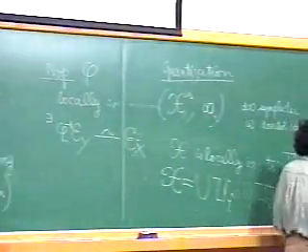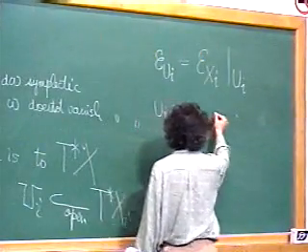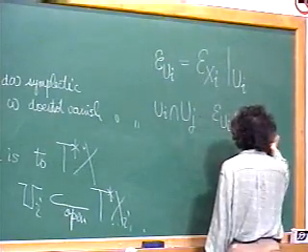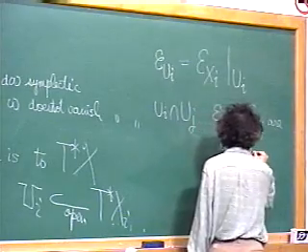E_Ui and E_Uj at the intersection are locally isomorphic.